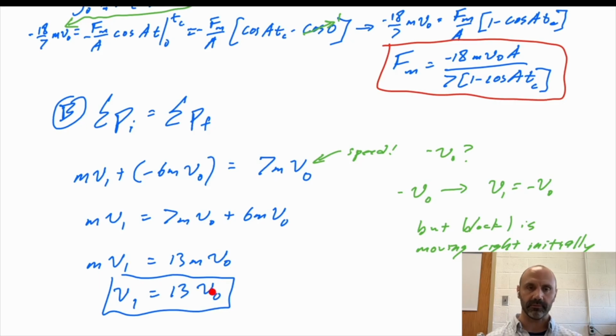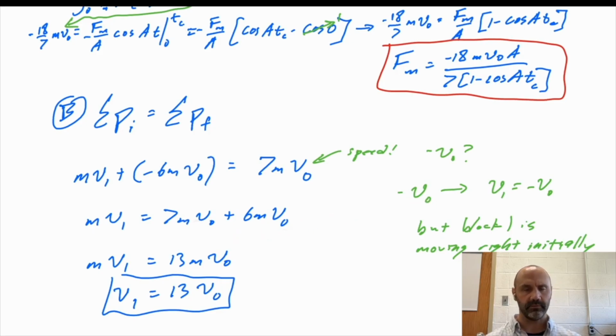Okay, now this makes sense. But anyway, if we make v naught negative, just watch. If we make v naught negative, and we plug this in, what happens? So this would be 6 m v naught, and then minus, so this would be 1, or this would be -1.